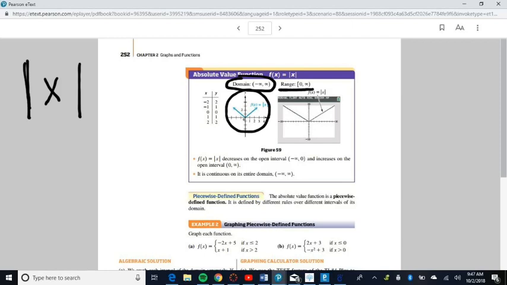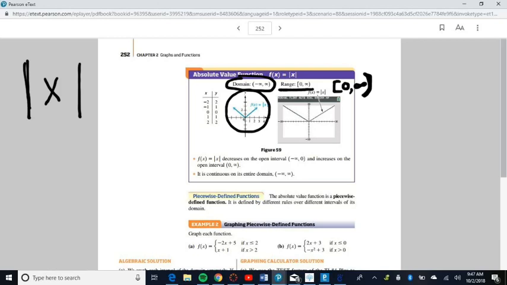Notice here as well, they give you a different kind of parentheses on one end than they give you on the other. And we haven't really talked about that, but this is what's called interval notation. If it's a soft landing, for example, like negative infinity, positive infinity, I can't tell you where that is, so it's a soft landing, so just a parentheses.